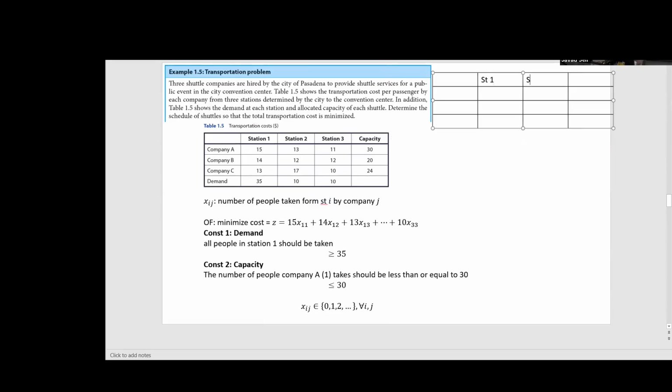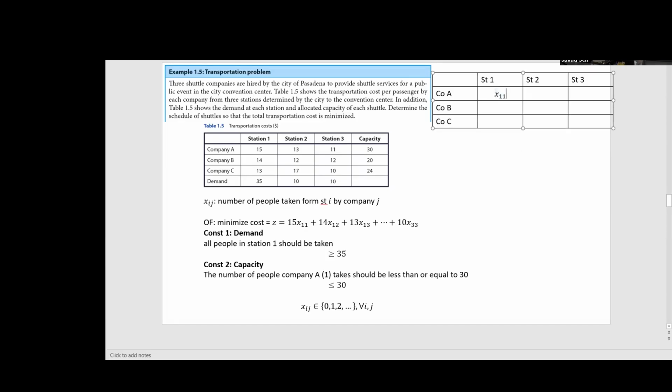Station 1, station 2, station 3, company A, company B, company C. The list of my variables are these.